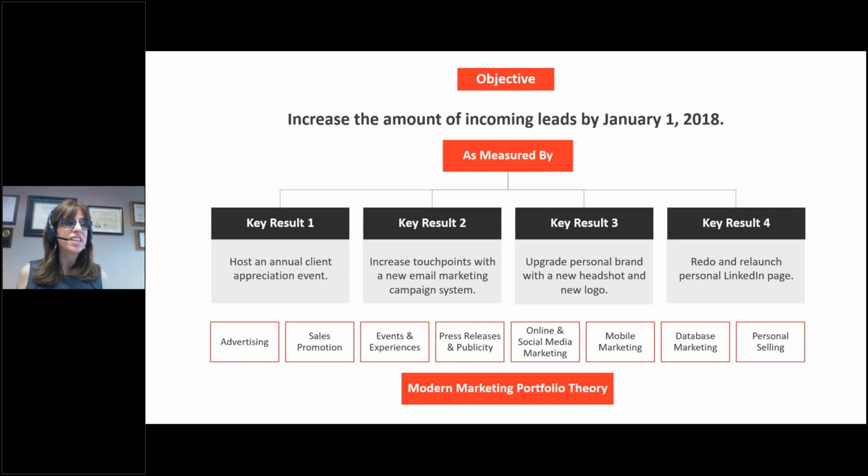You want to do everything, but we all can't do everything. We are limited as entrepreneurs and business owners to a finite amount of resources. This modern marketing portfolio theory, along with this OKR framework, gives you a way to put those assets in motion and maximize the value of your efforts.